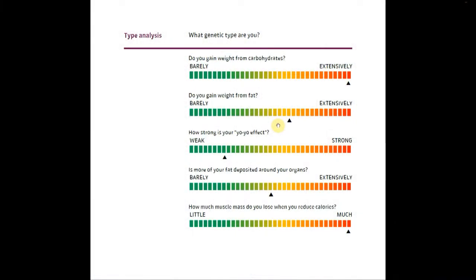However, other people did not. And the difference was a genetic variation. So we tested this genetic variation in you, and then we can tell if you hardly gain weight from carbohydrates based on the genetics, or if you gain a lot of weight from carbohydrates.